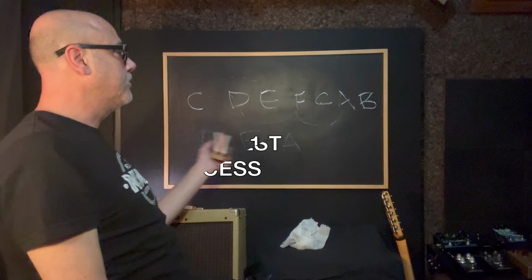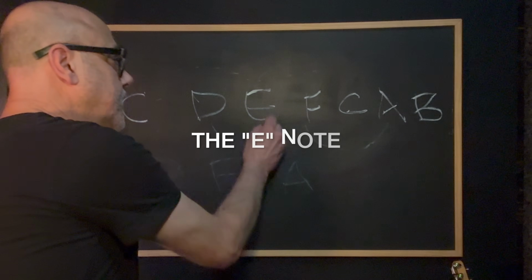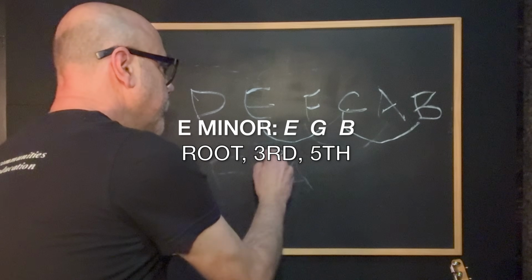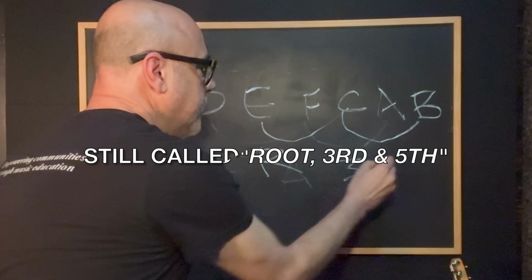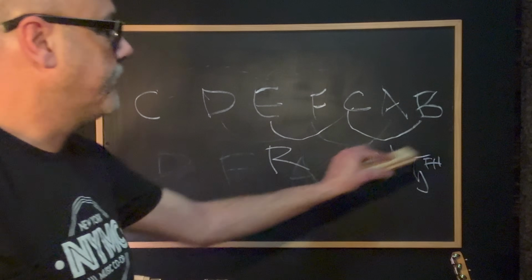But the same thing will apply to the next letter in the scale. E, G, B. Again, root, third, fifth. Root, third, fifth. Okay, I'm going to put up a few graphics here that make it a little easier to see. And it explains the order of chords in the C major scale or in any major scale.